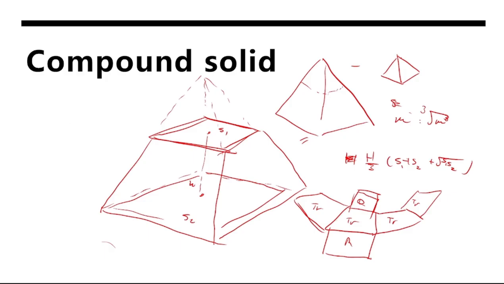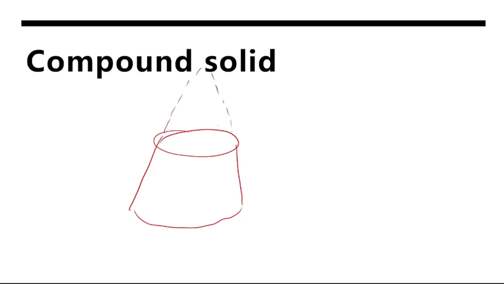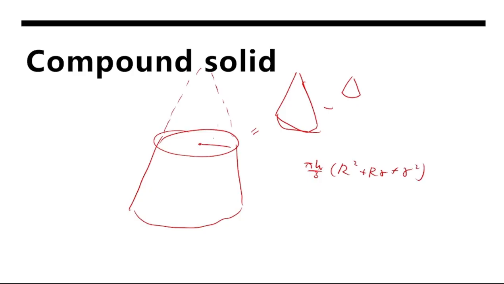And if it's a cone frustum, you can use the whole minus part, or the formula would be pi h over 3 times r squared plus r times big R plus big R squared, where small r is the top one and big R is the bottom, h is the frustum height.